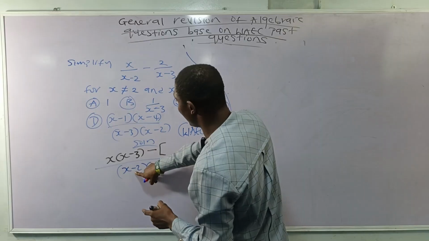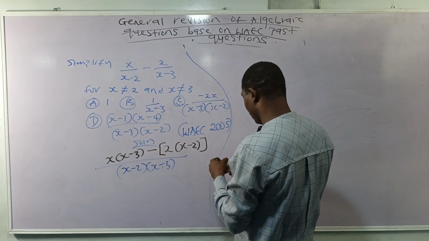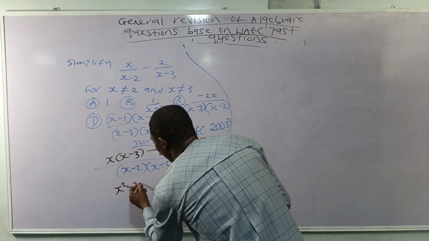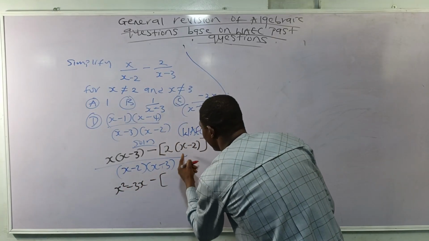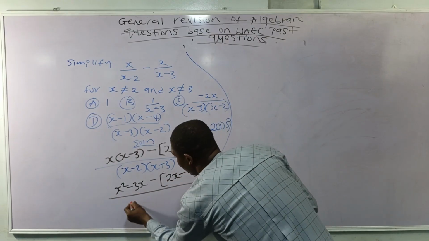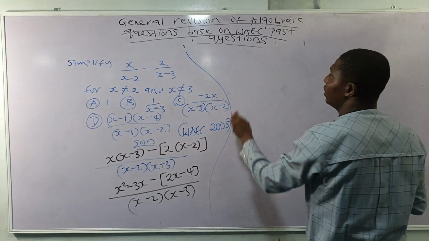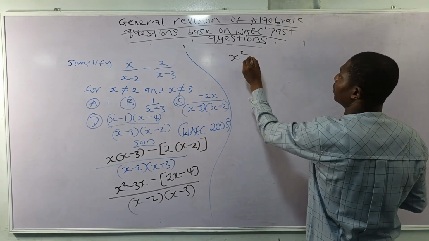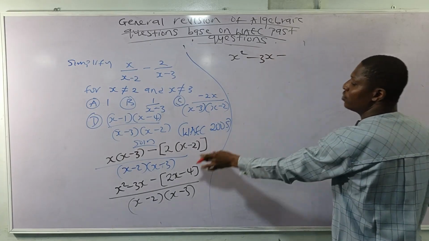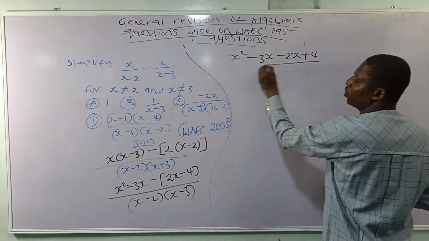If this cancels this, I'll have this left, which is 2 bracket (x - 2). And x times x is x squared minus 3x, minus 2 times x is 2x, 2 times minus 2 is minus 4, all over (x - 2) bracket (x - 3). So that will give me x squared minus 3x, minus invisible plus will give me minus 2x, minus minus will give me plus 4 all over.